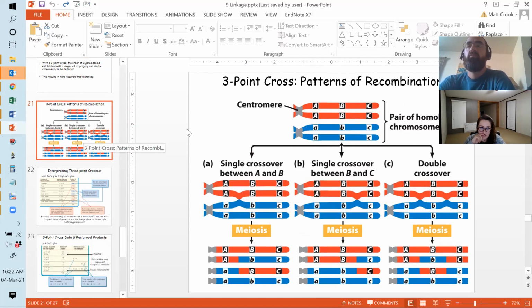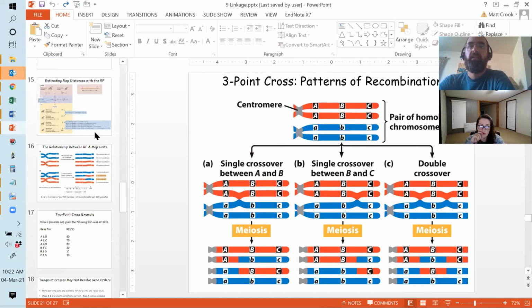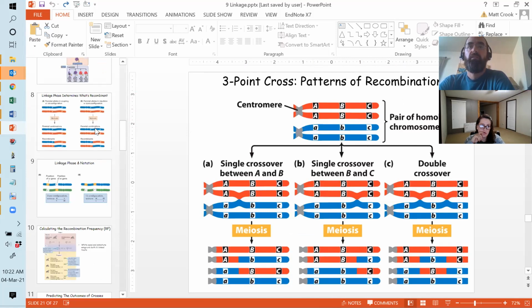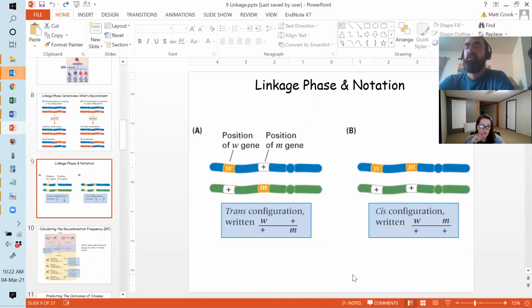You cannot assume either gene order or linkage phase. Back up here, before you go into the problem, you can only work out linkage phase and gene order by looking at the results of recombination in the offspring.